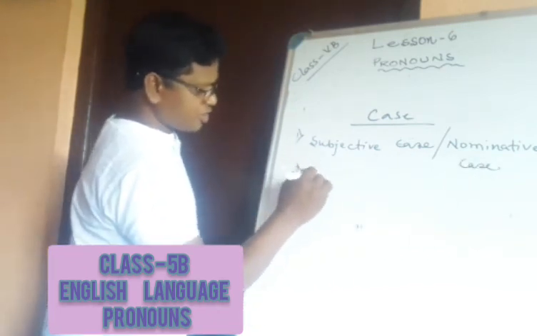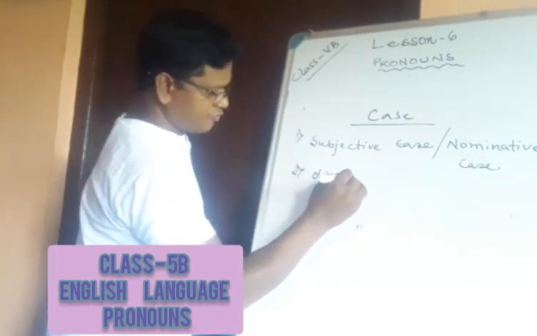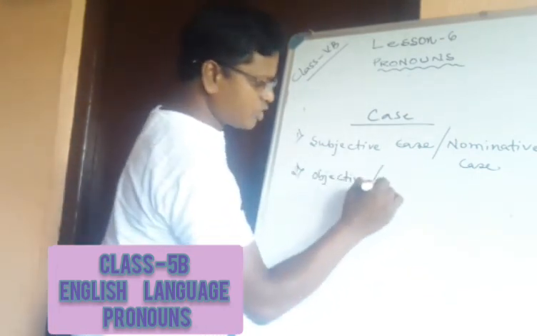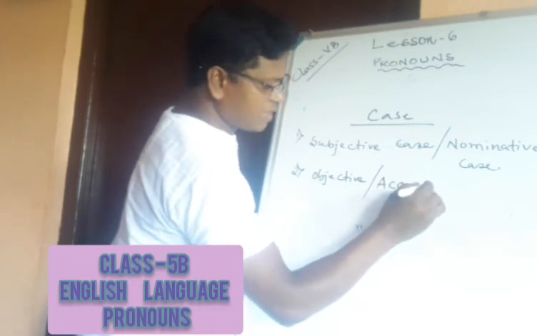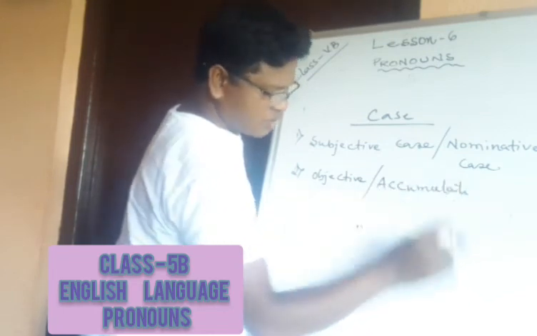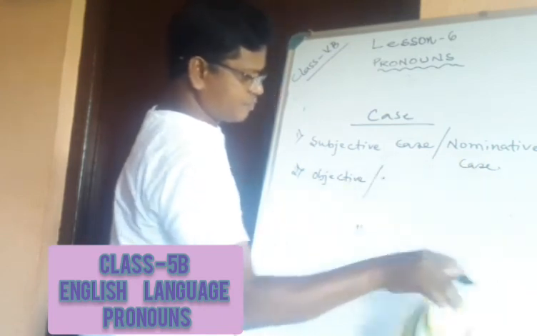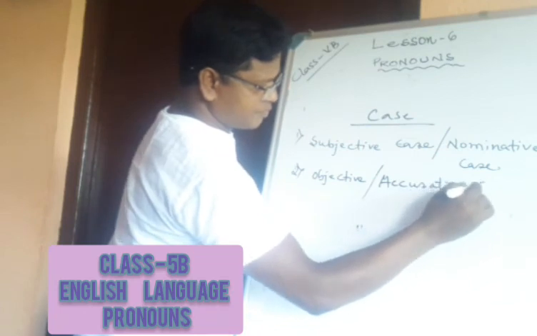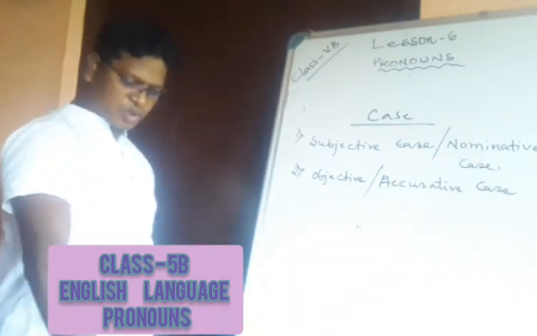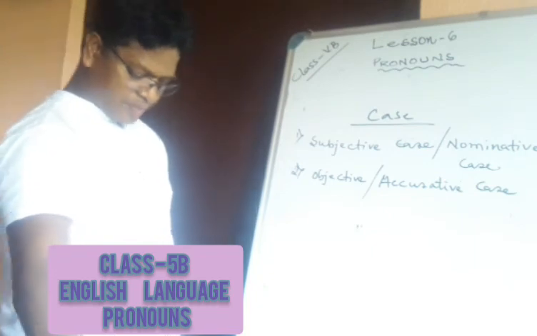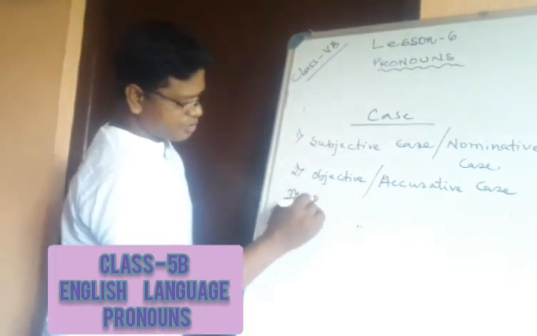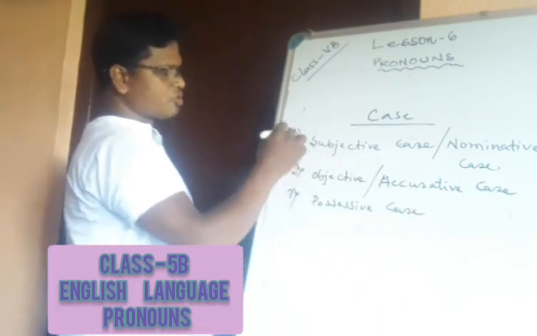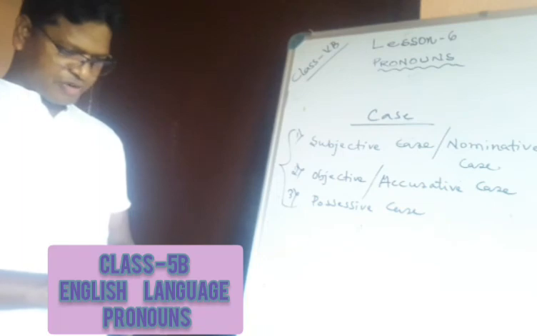Then we'll write objective case, which in another name is known as accusative case. And the other one is possessive case. So these are the three cases that we are going to study right now.